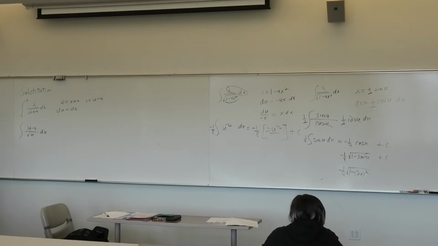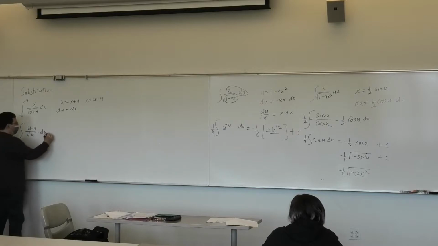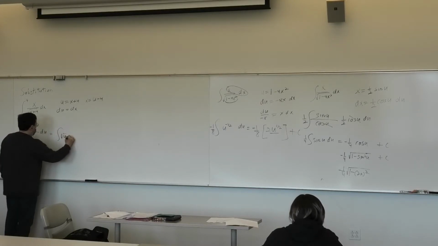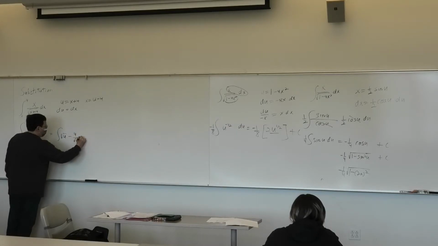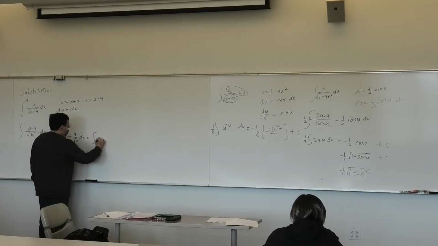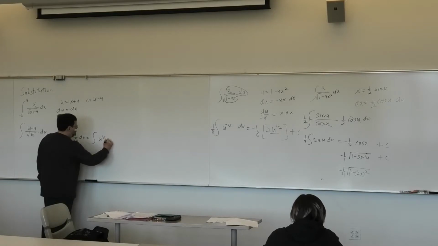Well, maybe I'm wrong. This doesn't look bad at all. Because this, of course, is the integral of square root of u minus 4 over square root of u. Both of these should be fairly simple because we write these exponentially.